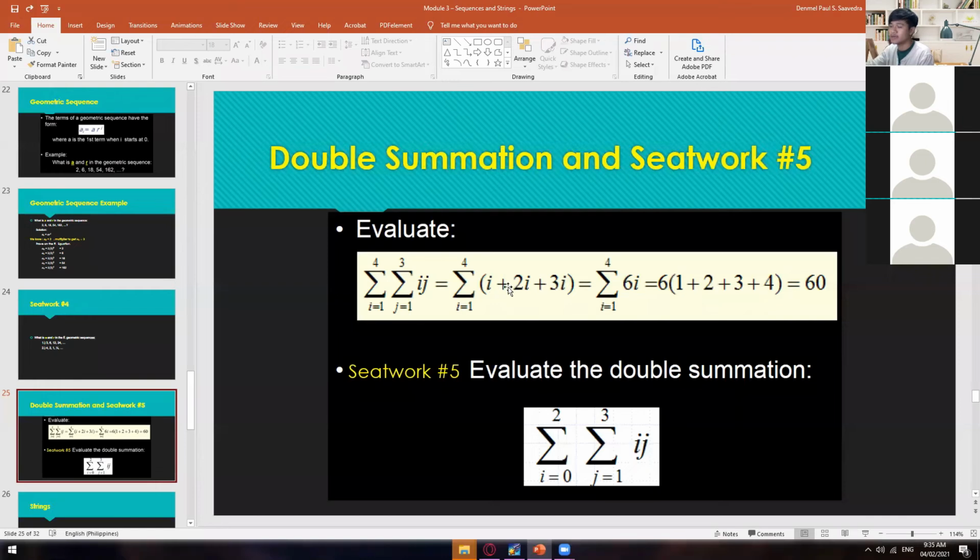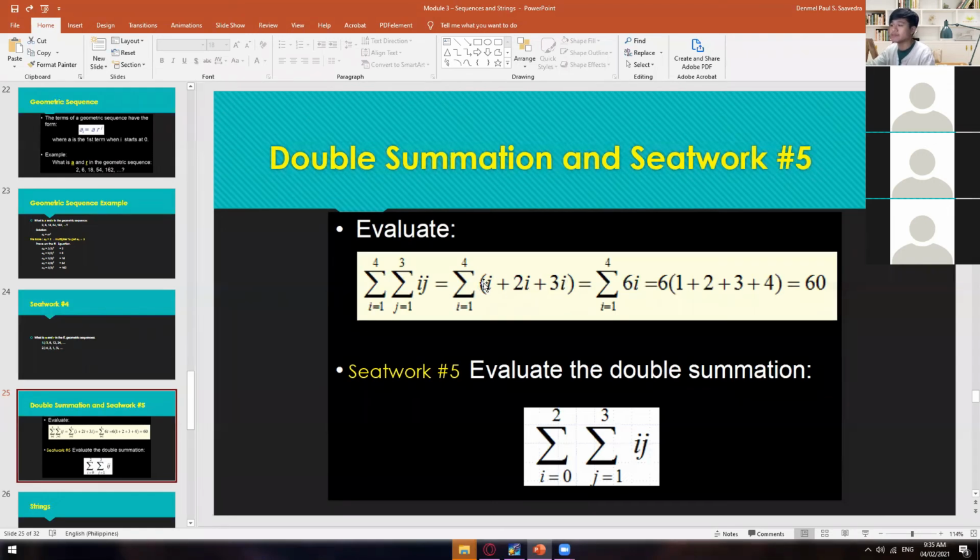Where did these values come from? It's from 1 to 3. So 1I is basically the same as I. Then we have 2I, which is now your second term, and plus 3I, which is now your last term.